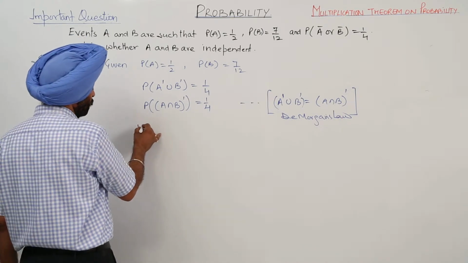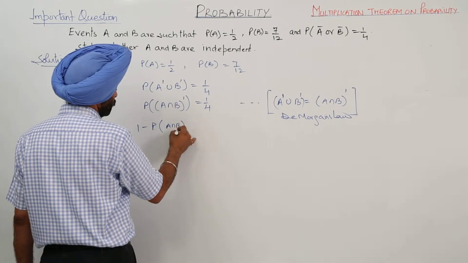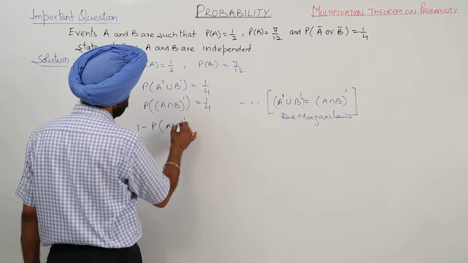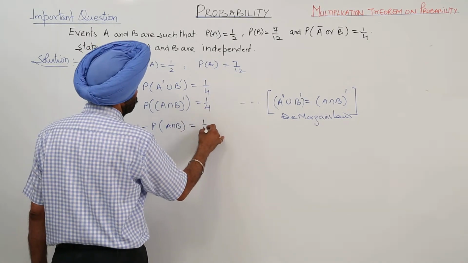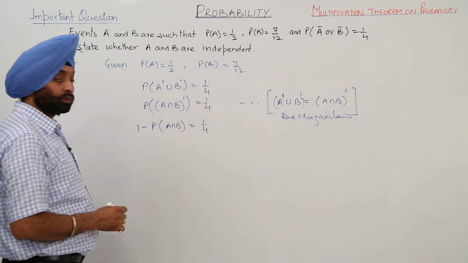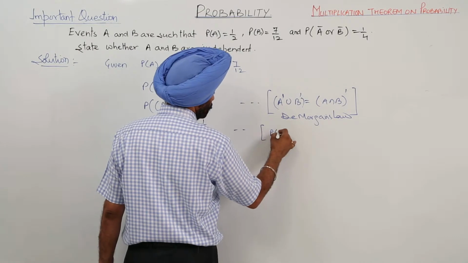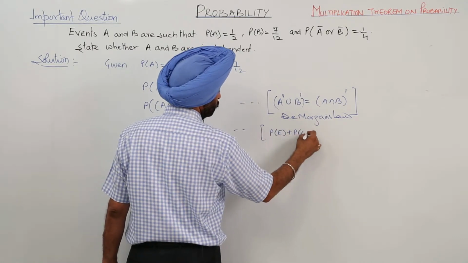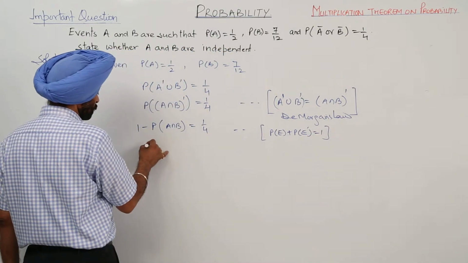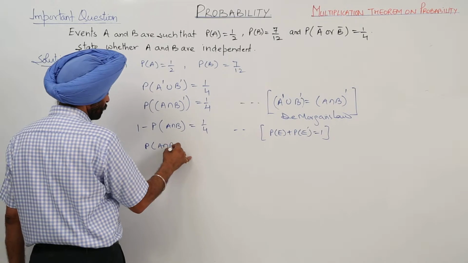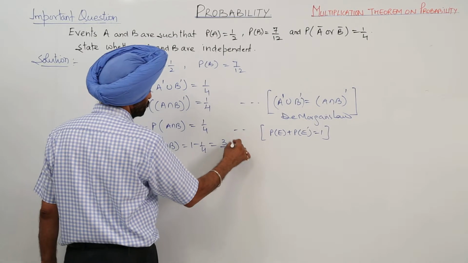So we are having 1 minus probability for A and B, sorry, is equal to 1/4, because probability for E plus probability for E' is equal to 1. Now probability for A and B is equal to 1 minus 1/4, that is 3/4.